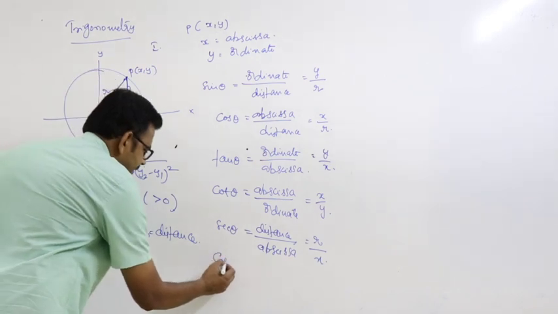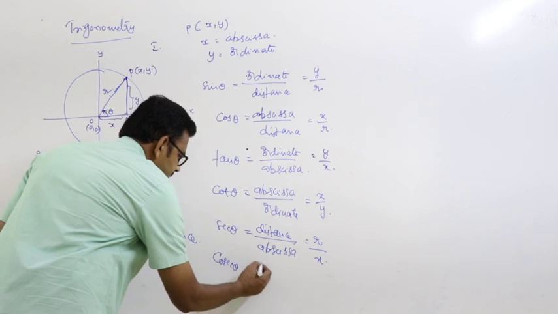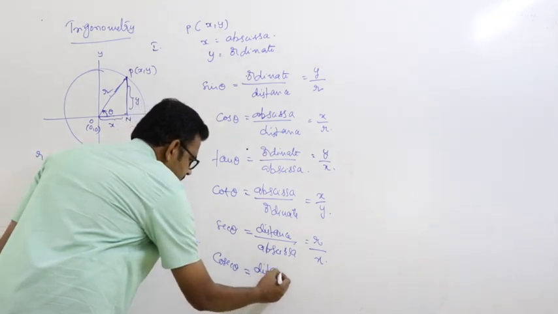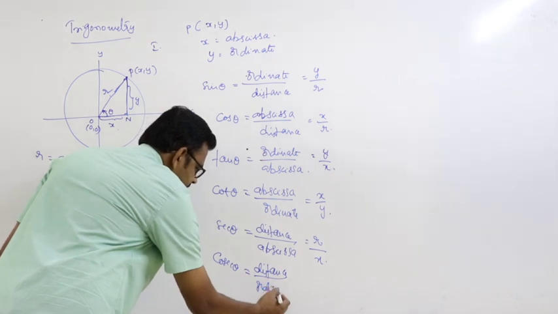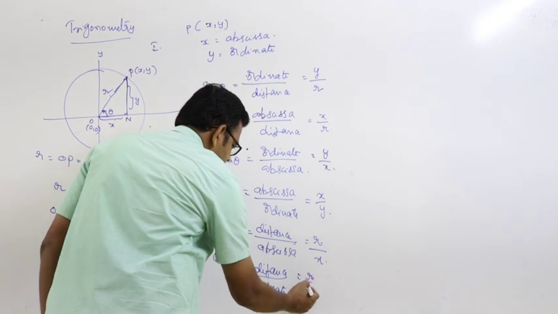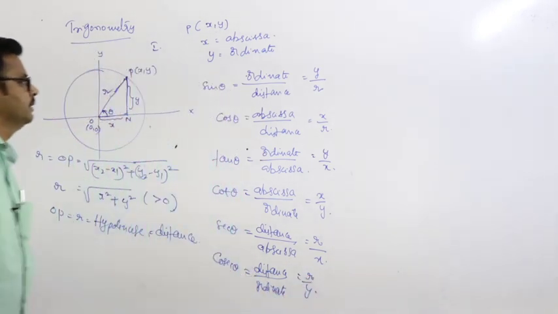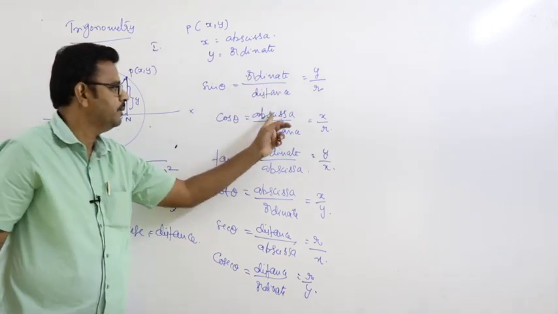And cosecant theta is distance by ordinate, that is equal to r by y. Why am I writing ordinate, abscissa, distance?